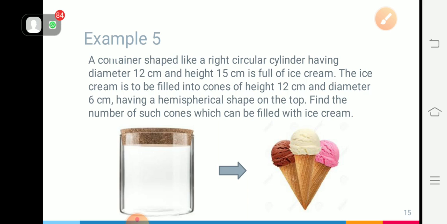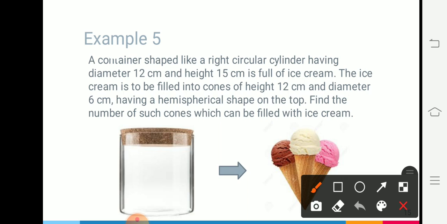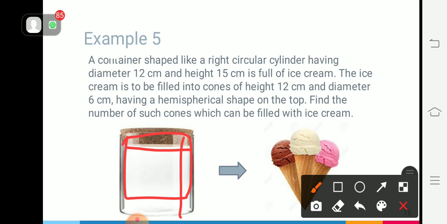Find the number of such cones which can be filled with ice cream. Now you can see over here, this is a right circular cylinder. The diameter is given as 12 centimeter and the height is given as 15 centimeter. This is full of ice cream.